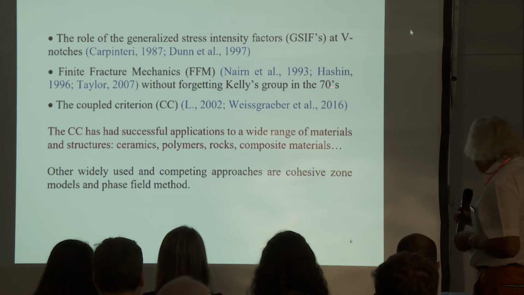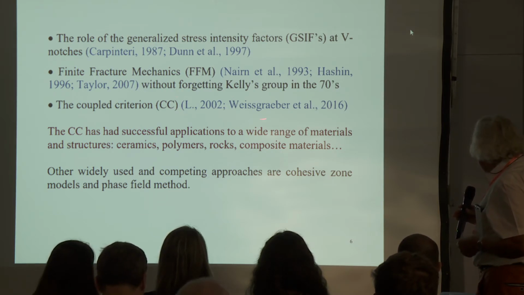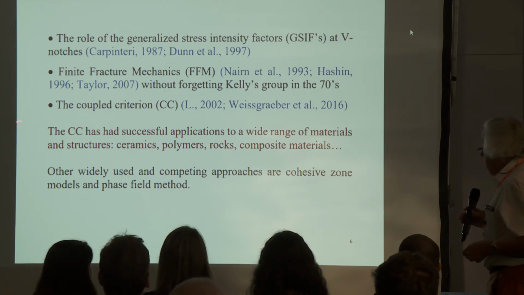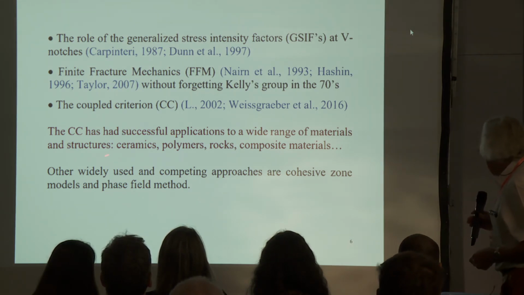Then finally, the coupled criterion. I contributed in 2002, and I recommend the review paper by Philipp Weißgraeber in 2016. And as I will show, we have had successful applications to a wide range of situations.